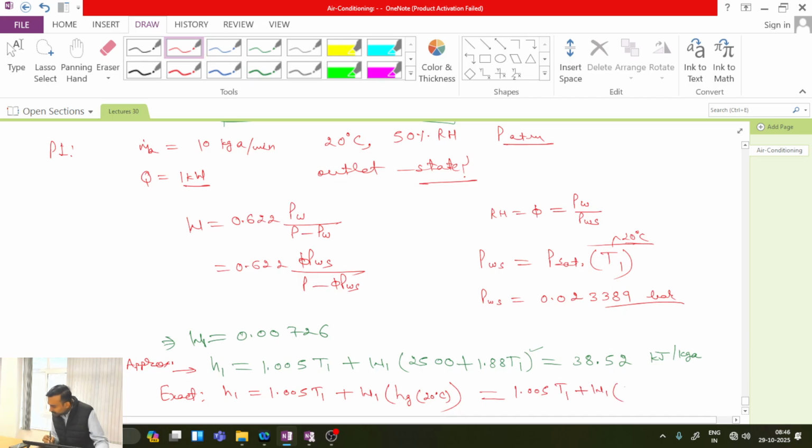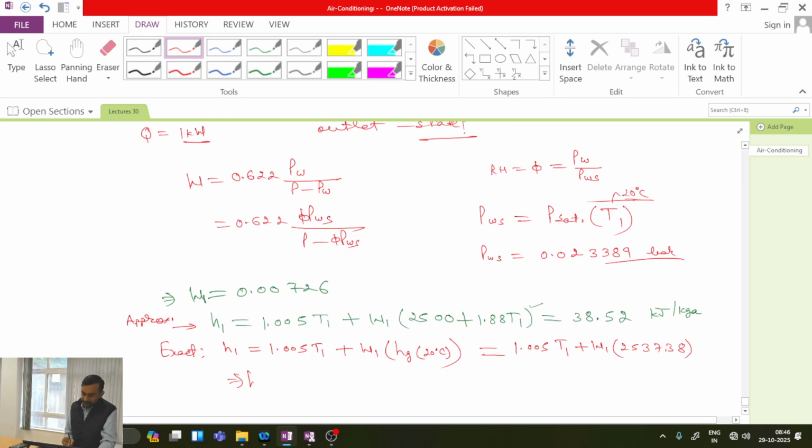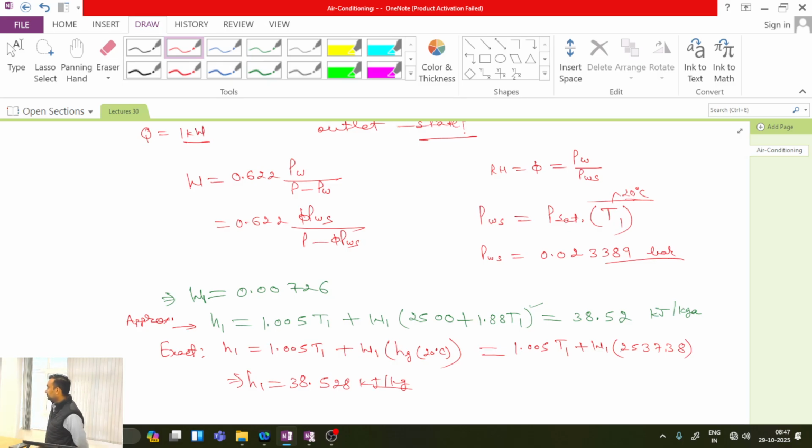W1 you have already done, and from the steam table you will find 2537.38, and ultimately this H1 is equal to 38.528. So the approximate value is coming very close to the exact. Are all clear with this point or not?